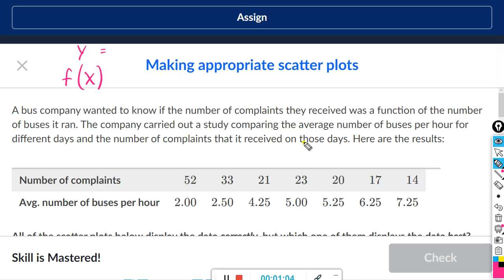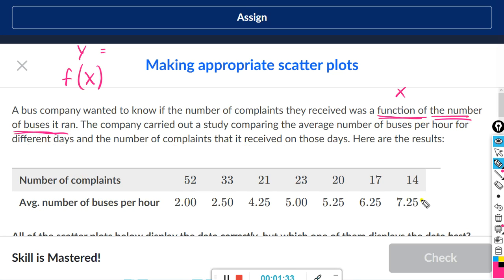So if it says in the write-up "function of," you know that the term or category following that phrase will be your X variable. Here it says function of the number of buses, so we already know the number of buses is going to be X. You can see that right here.